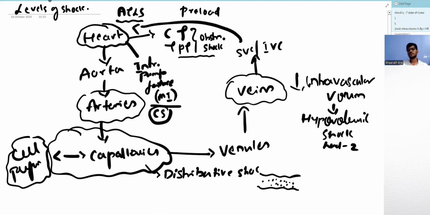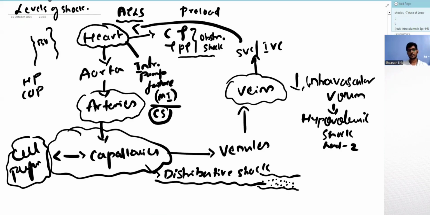So distributive shock can happen if there is a lot of vasodilation, right? For blood to stay within the blood vessel, there are two components. One is hydrostatic pressure, second is colloid oncotic pressure. Hydrostatic pressure is the pressure exerted by the blood volume, the blood column, onto the blood vessel wall. It always tries to push the blood outside.